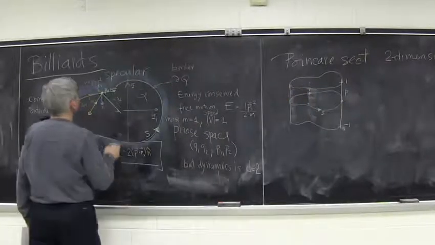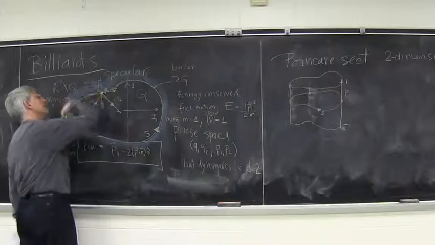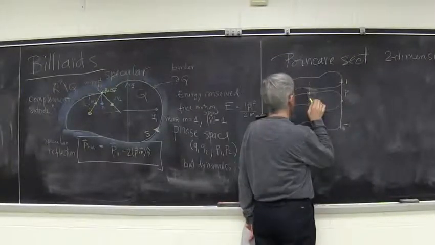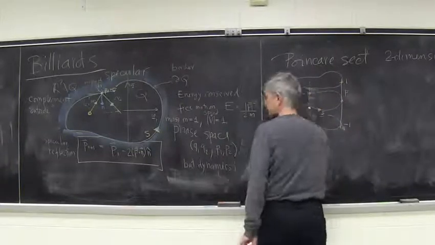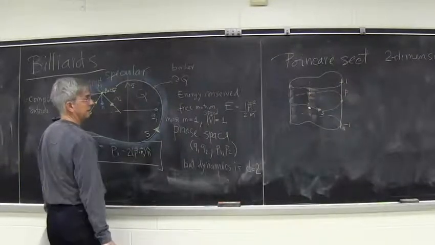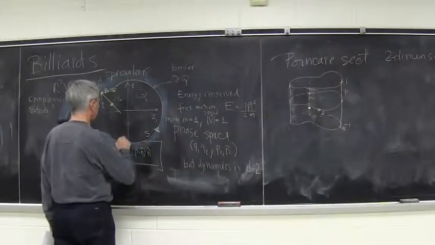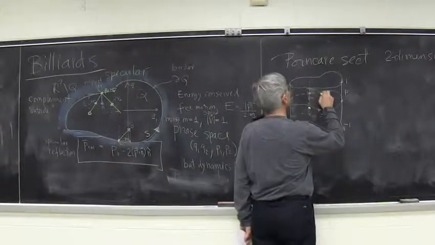But this point has outgoing momentum that's pointing in the opposite direction than the direction of the boundary. So this point is on the back wall, someplace behind. Well, if I send the ball out this way, someplace here on the front sheet.